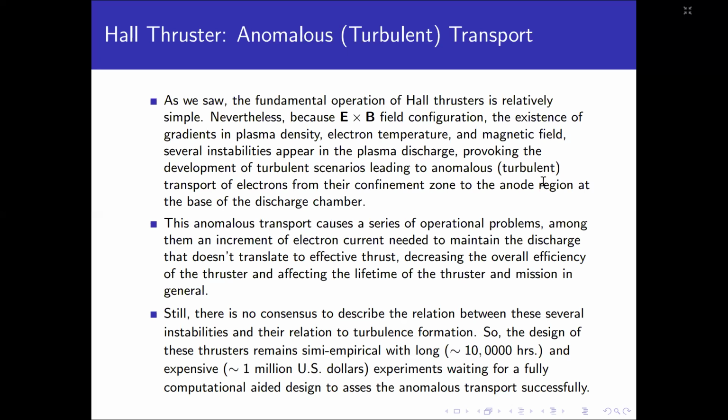This leads to what is called the turbulent or anomalous transport of electrons from their confinement zone to the anode region at the base of the discharge chamber.